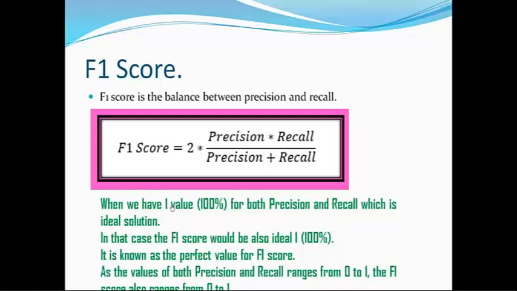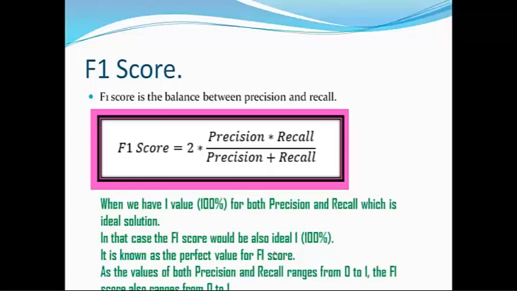That means it is the ideal solution. In this case, the F1 score would be the ideal 1. So that is the perfect model. If the F1 score value is 1, the device is very perfect and it is working very nicely.